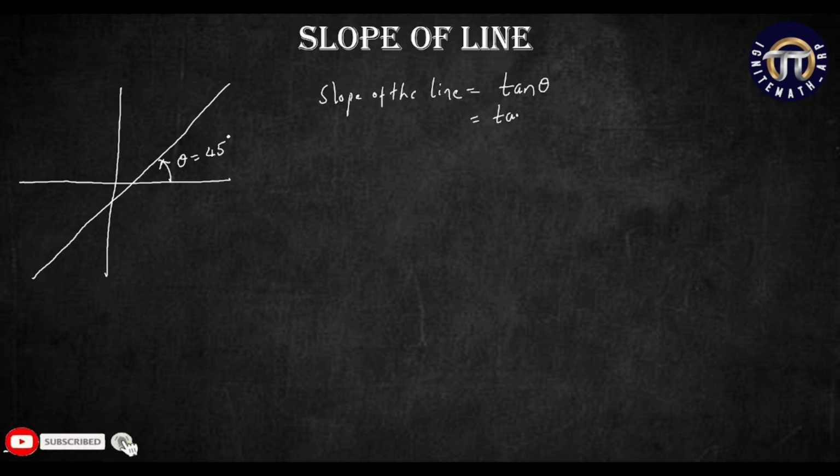So here tan 45 is 1. Slope of a line is denoted by m. Clear, children? Suppose theta is equal to 60 degrees, then slope m of the line is equal to tan of 60 degrees, that is equal to root 3.